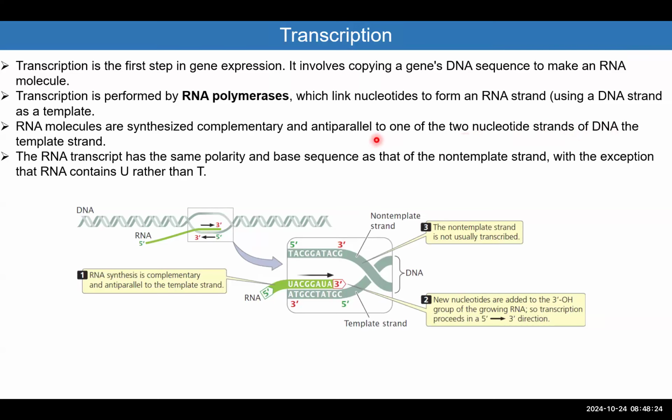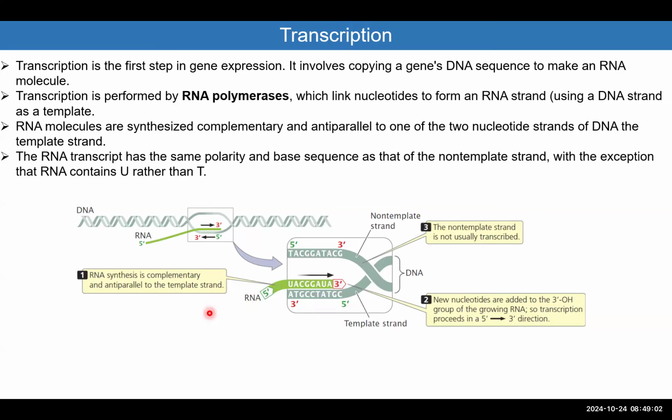And as I said, the RNA transcripts have the same polarity and the base sequence of the non-template strand, with one exception, that uracil is replacing the thymidine. So this is the first initial step of gene transcription, where you are copying the information from a DNA double-stranded molecule. You pick one of the two strands, and then you transcribe that into a single RNA molecule.